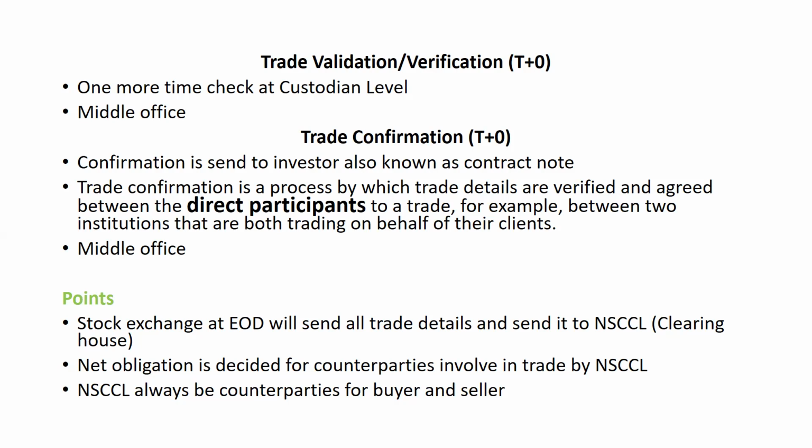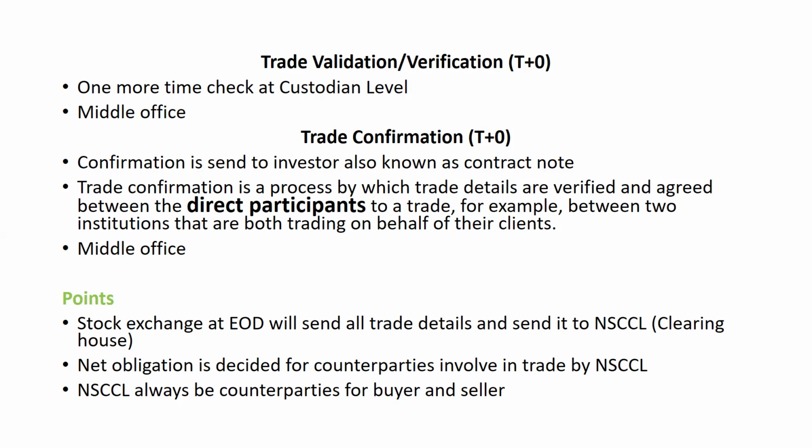It is sent to the investors. The trade confirmation is a process by which trade details are verified and agreed between the direct participants to a trade. Both parties, the client or the custodian, confirm that they are okay with this trade. So till now, this is the trade confirmation part.